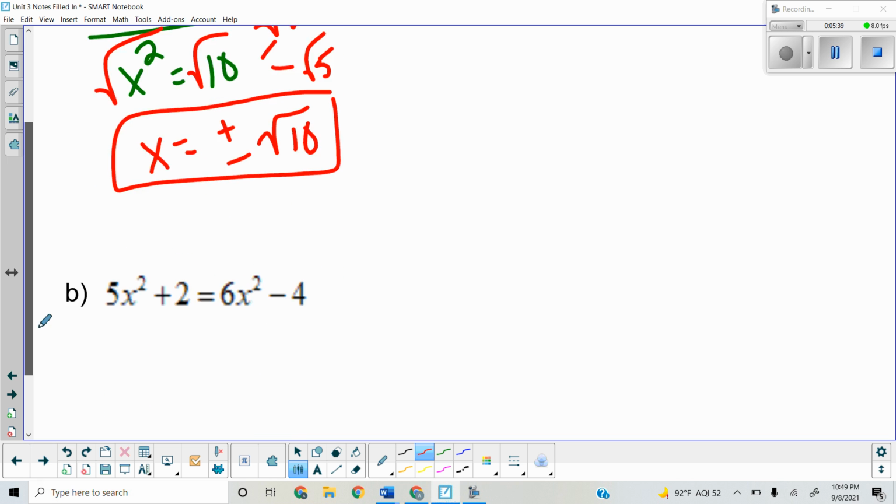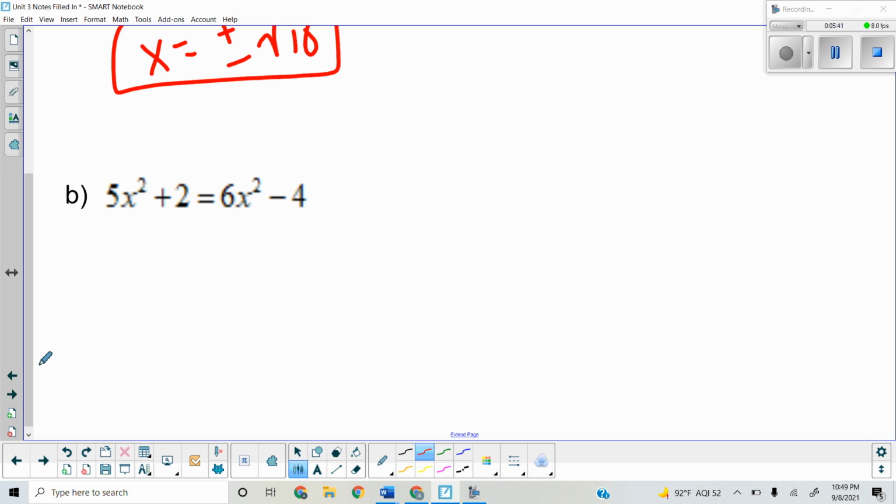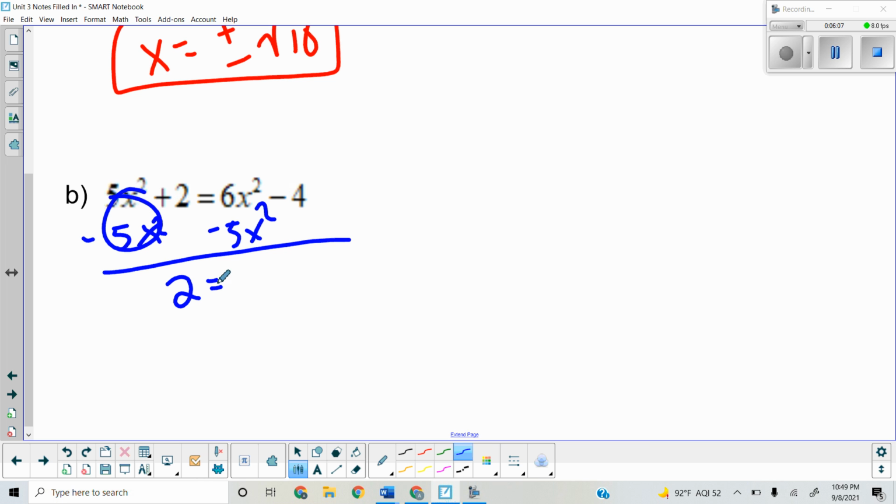All right, when we look at B, similar idea. I want to move my smaller variable term, so that would be 5x squared. And I have to move it because we have variables on both sides. So subtract 5x squared on both sides, making sure to line up your variables. So the 5x squareds cancel, 2 equals x squared, and then that minus 4 comes down.